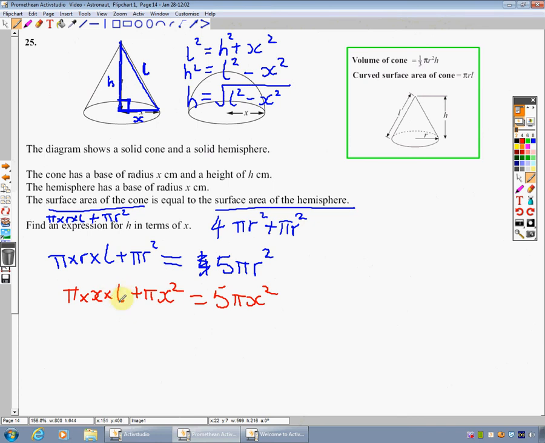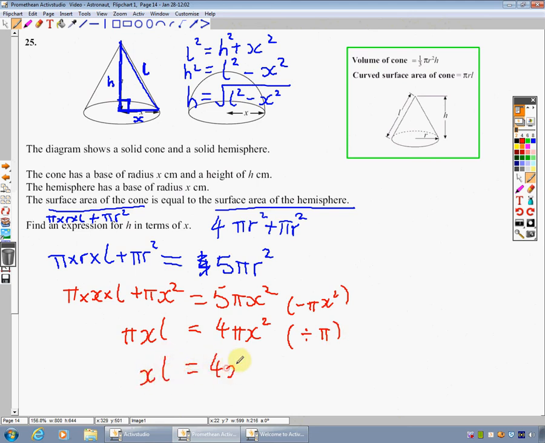And I'm going to divide by pi, which is going to give me xL equals 4x squared, because I've cancelled out my pi there, and I'm going to divide by x. Actually, it's starting to look a lot nicer than I thought it was going to. L equals 4x, and that's my little statement there.